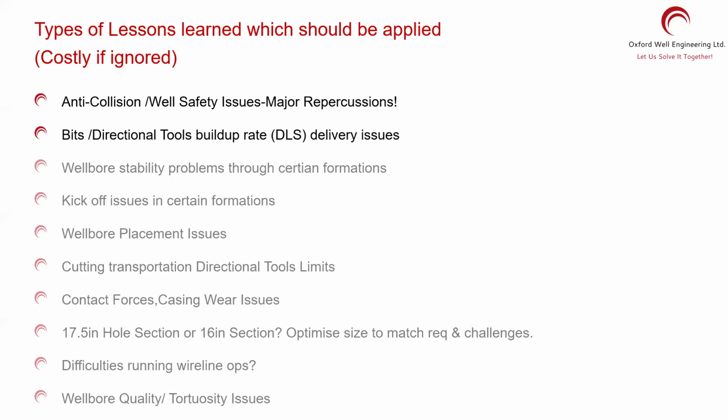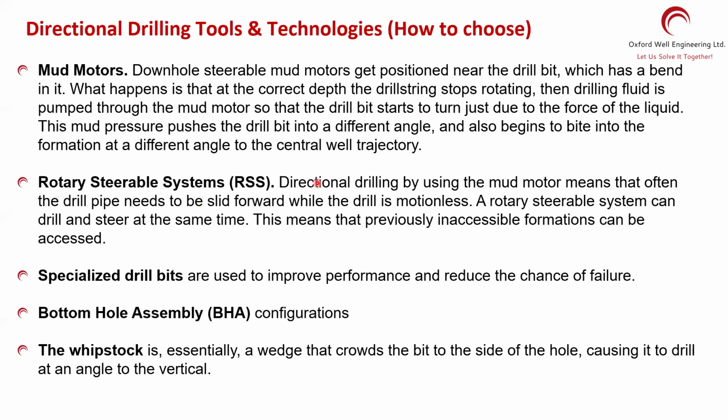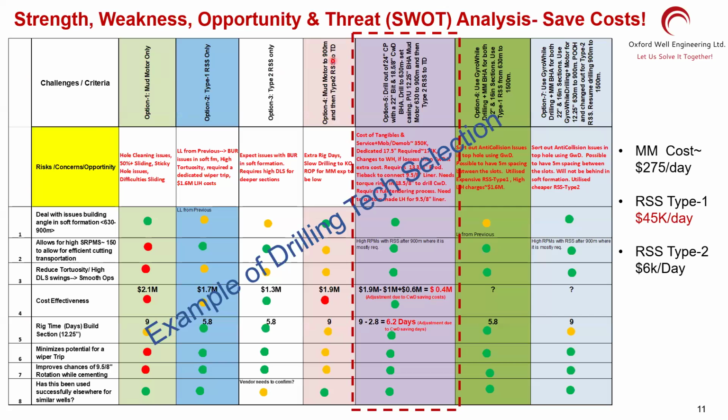Wellbore quality, tortuosity problems. You can also find out what the problem was with it. So you can go for choosing between the motor and the RSS, the different types of bits, bottomhole assemblies, the whipstocks, all these things. You can choose the one that is best by putting yourself forward with a SWOT analysis: strength, weakness, opportunity, threat.